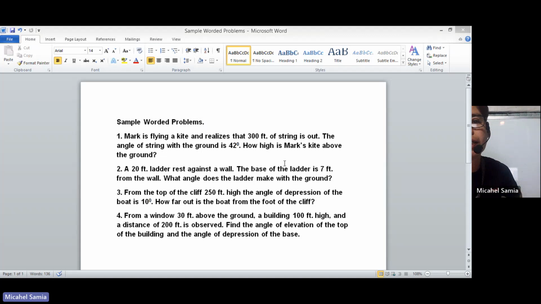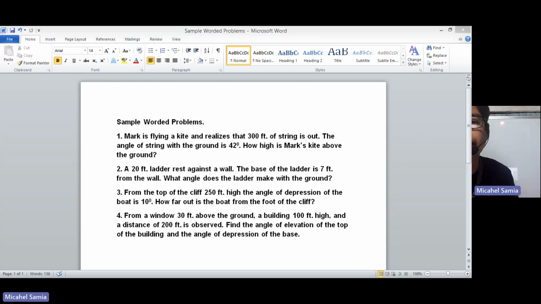So there's a window, probably in another building, and its height is 30 feet above the ground. There's a building opposite it whose height is 100 feet and whose distance is 200 feet. Find the angle of elevation of the top of the building and the angle of depression of the base. So, two angles are being asked.